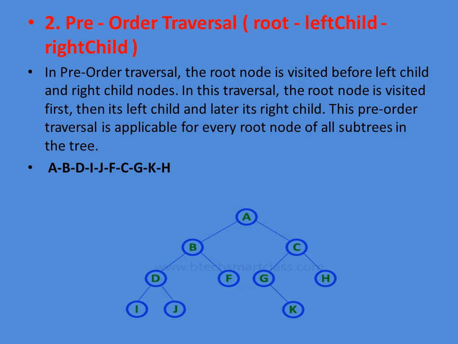Then as I is the left child of D, it goes and visits I. Then it checks for its right child, which is J, and this process continues and we get the order as A, B, D, I, J, F, C, G, K and finally H.